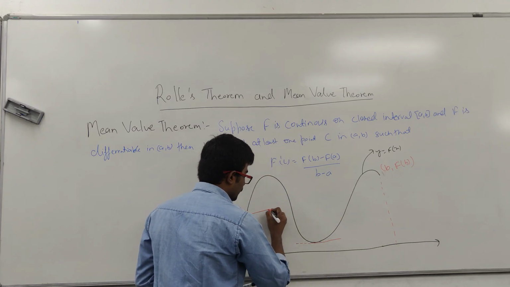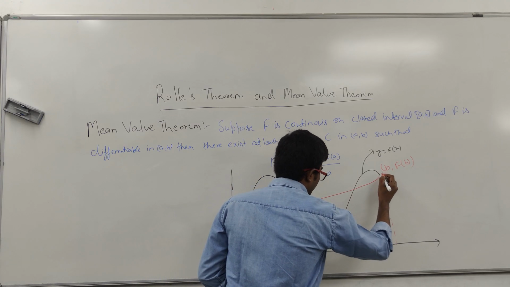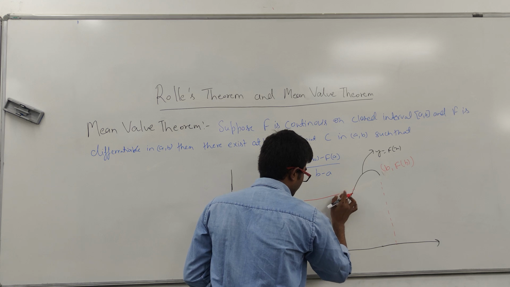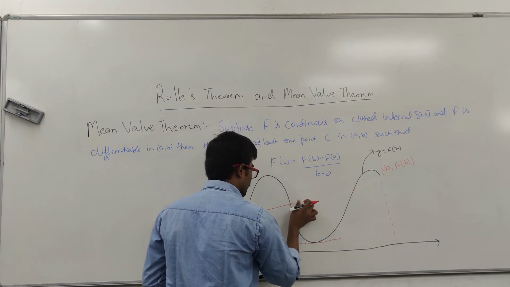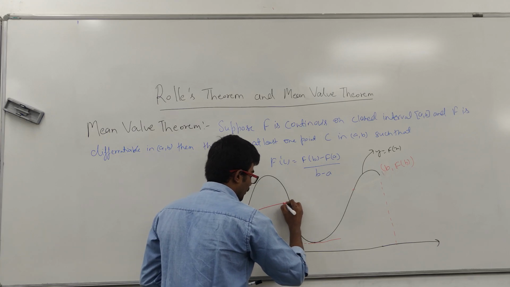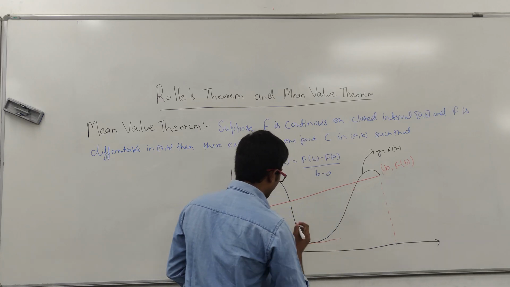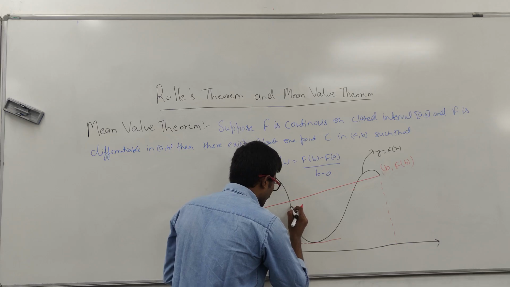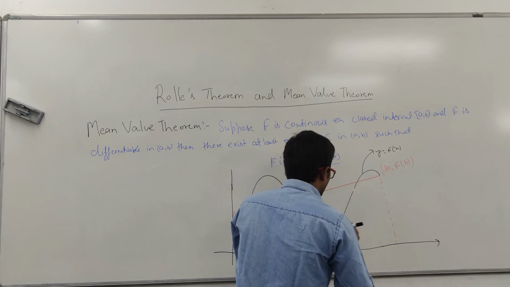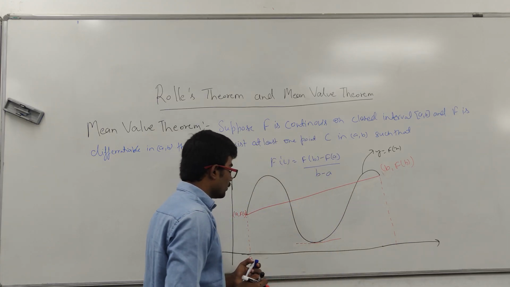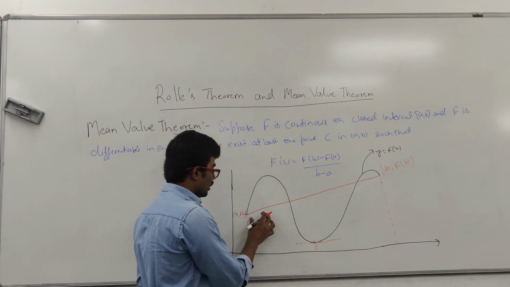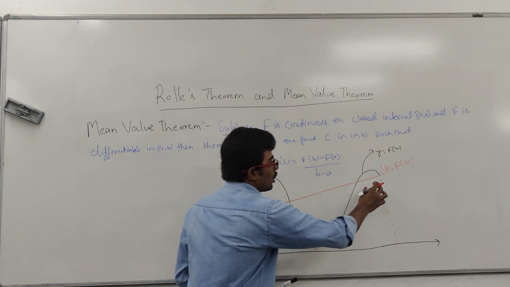So the tangent line at this point C is parallel to the line joining a comma f of a and b comma f of b.